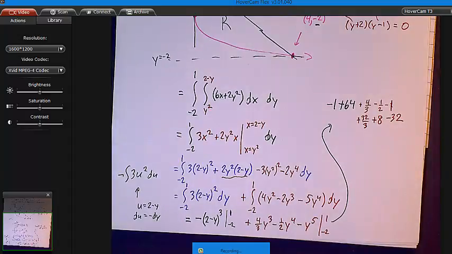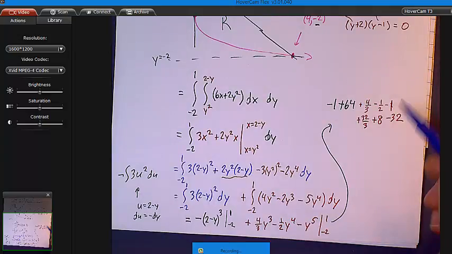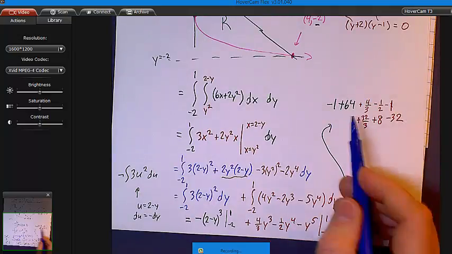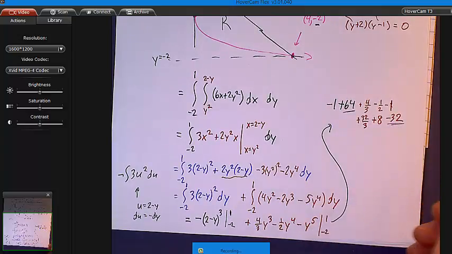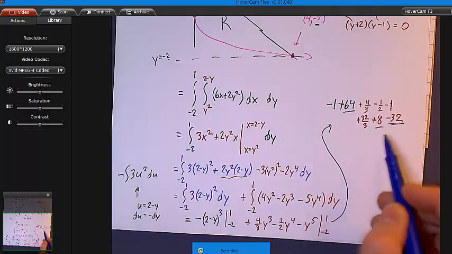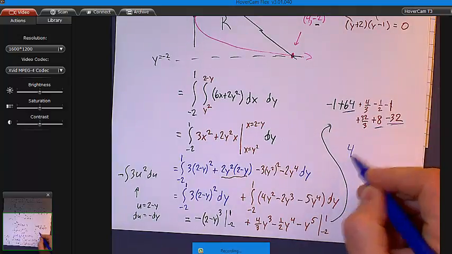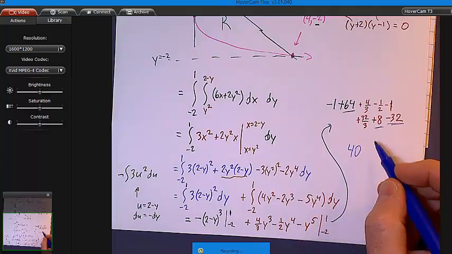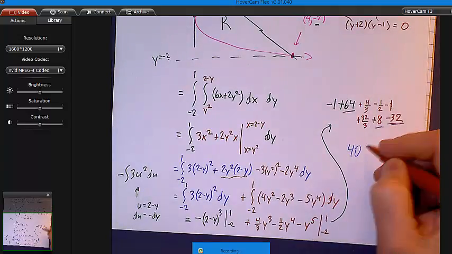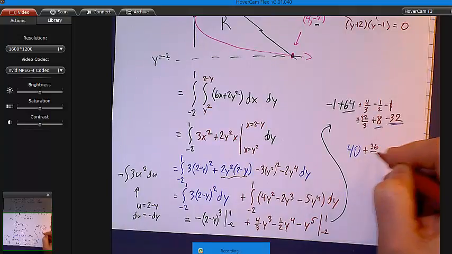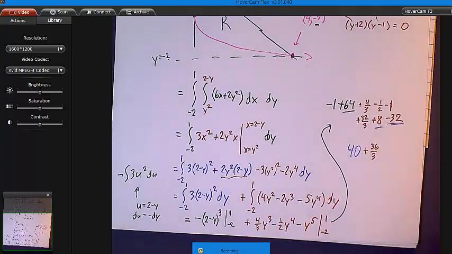So if, thanks to Alex, we did it right, we've got some nice numbers now, right? Because look, we have 64 minus 32 is what? 32 plus 8. All that blue stuff adds up to 40. And then the 32/3 plus 4 more thirds is plus 36/3, which is what? 12.